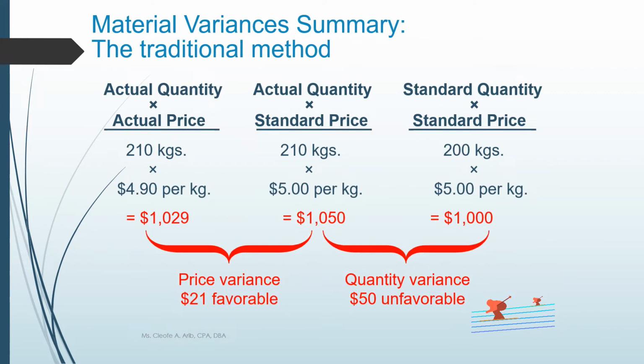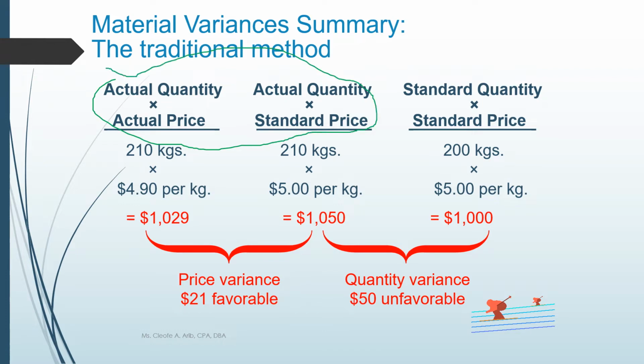In my solution, I will use the traditional method because I am more comfortable using the traditional method. So let's compute for your materials price variance and your materials quantity variance. So your materials price variance is simply the difference of these two, right?